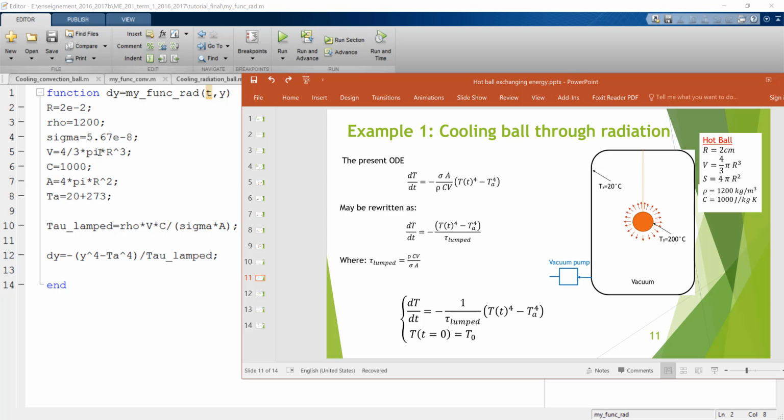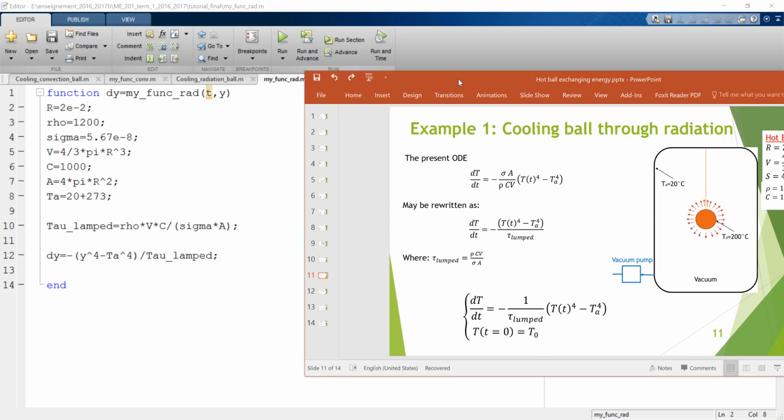Then the volume of the sphere V, the calorific capacity in joules per kilogram per Kelvin of the material, A the surface of the sphere, 4 pi R squared, and the ambient temperature, which is the temperature of the vacuum chamber, equal to 20 Celsius plus 273.